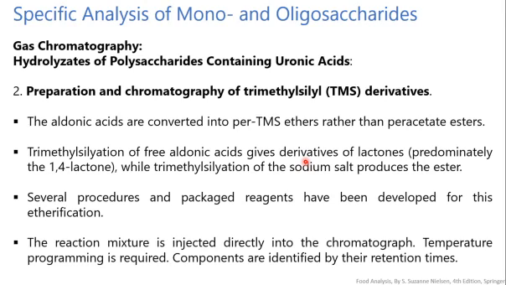Several procedures and packaged reagents have been developed for this kind of etherification. The reaction mixture is injected directly into the chromatograph and temperature programming is required in this case. The components are identified by their retention time.